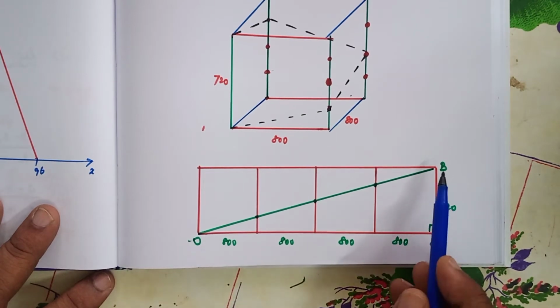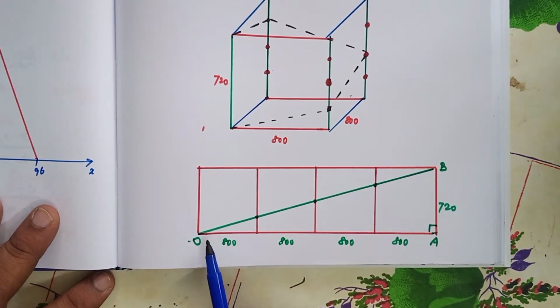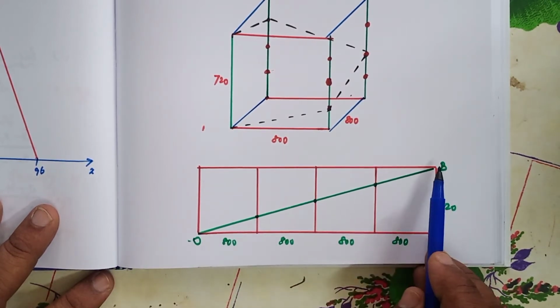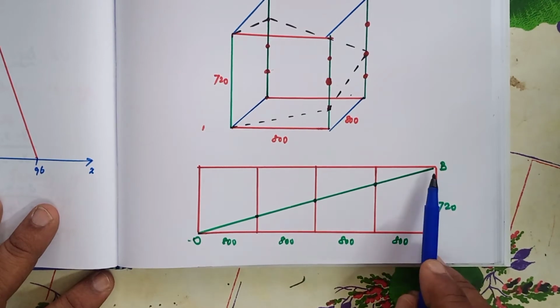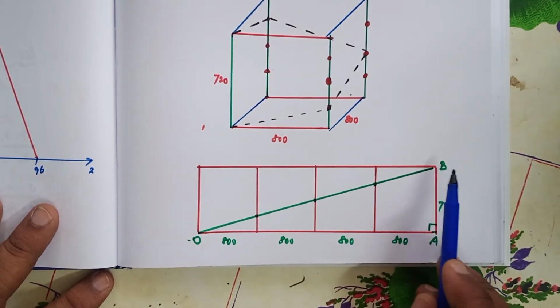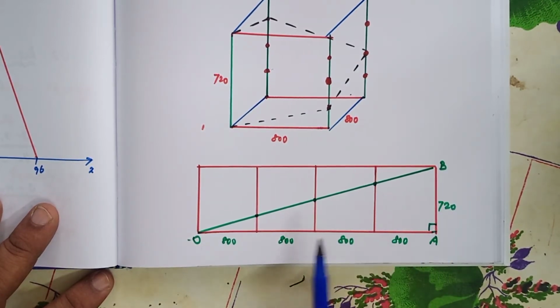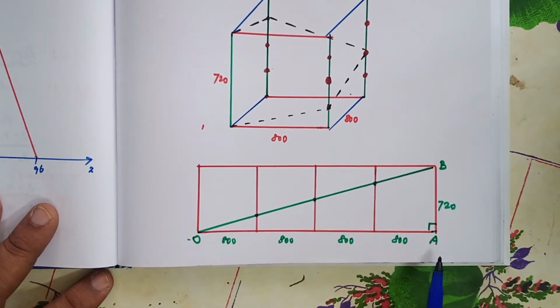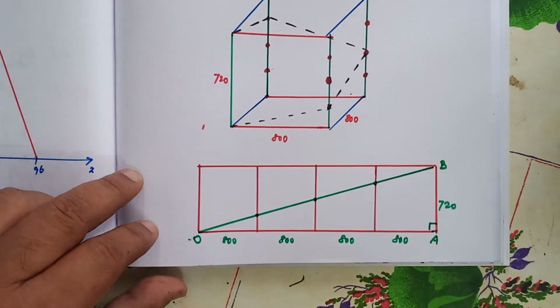In triangle OAB, according to the Pythagoras theorem, this is the hypotenuse, the side opposite to 90 degrees. OB square is equal to OA square plus AB square. The square of the hypotenuse equals the sum of the squares of the other two sides. You know very well. So once again I tell you, OB square equals OA square plus AB square.